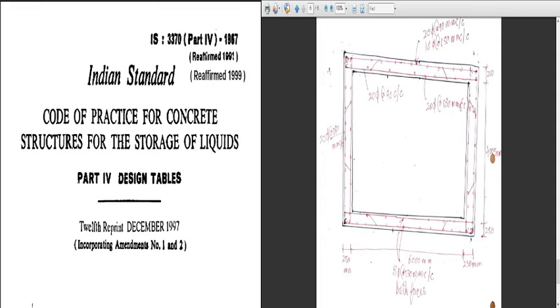And here also, you can see these are 20 diameter at 90 center to center. Here are 20 diameter bars at 180 center to center.